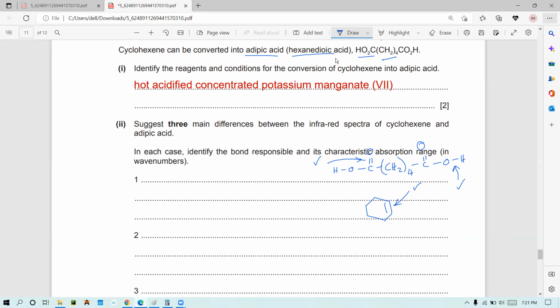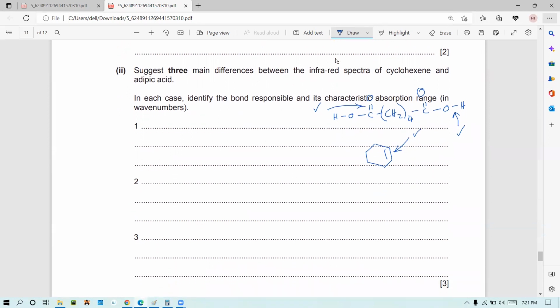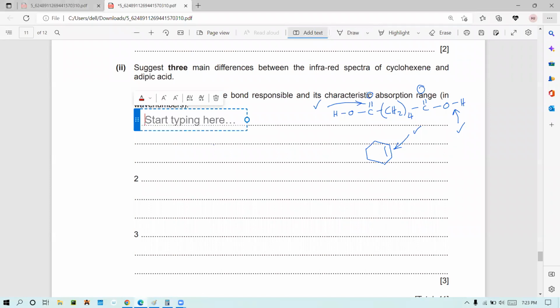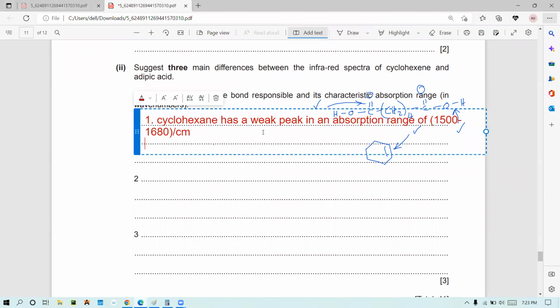In each case, identify the bond responsible and its characteristic absorption range in wave numbers. There are 3. It's a matter of just looking at the data booklet and getting values. Which is the first one?